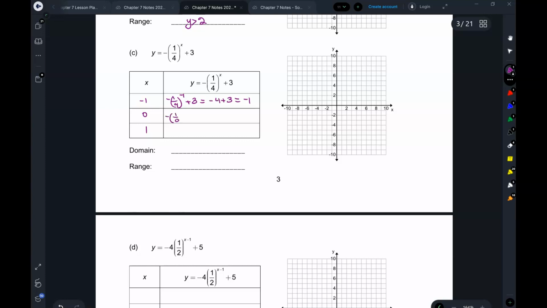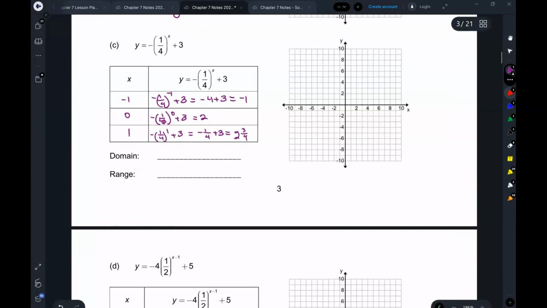When the exponent is 0 it's 2. Then negative 1/4 to the 1 plus 3 is 2 3/4. For the purposes of graphing, if you want to, do a mixed number because it's better for graphing.